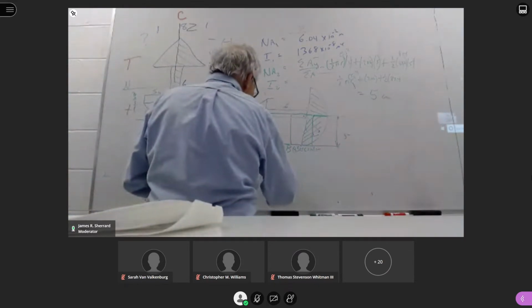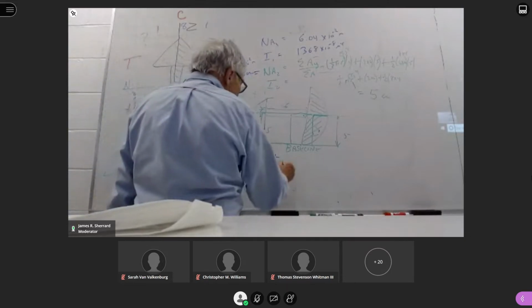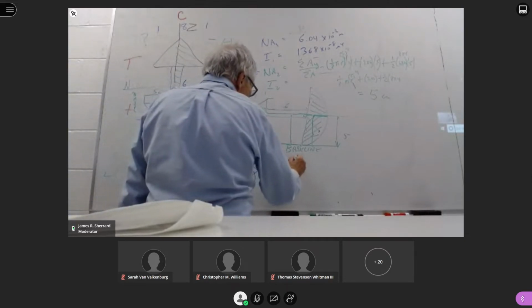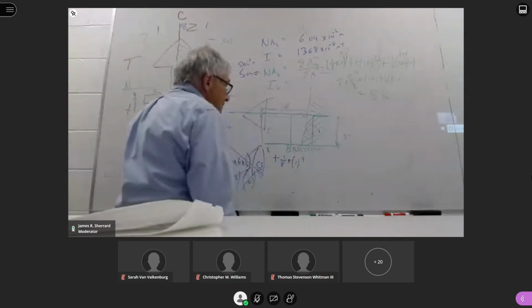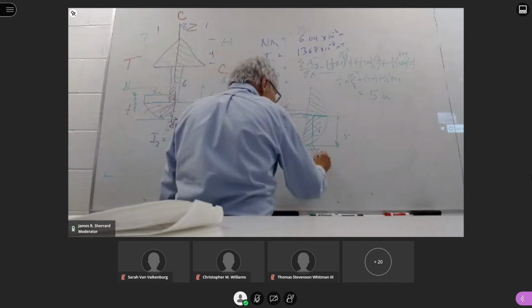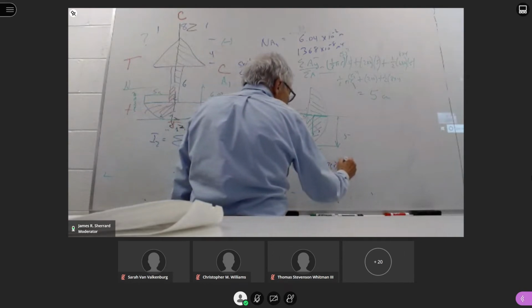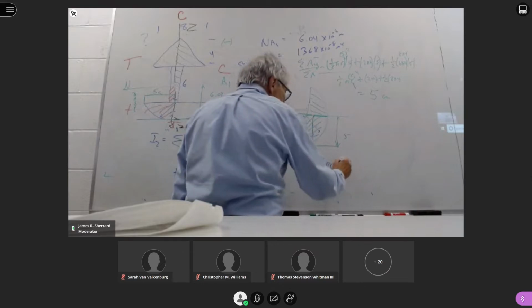So the next one was the semicircle. And the semicircle for I sub 0 is 1/8 pi times r to the 4th. My radius is 5. Plus the area, which is 1/2 pi times r squared times d squared. But what is d?